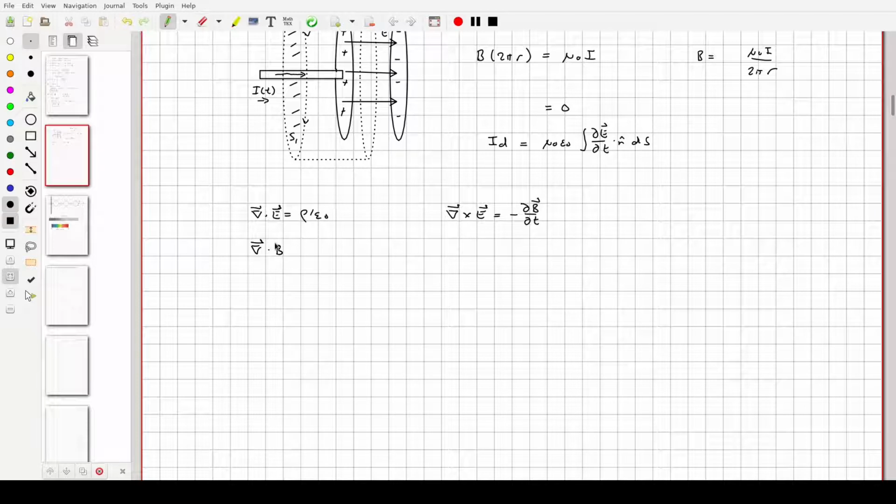Del dot B is equal to 0. And del cross B is equal to mu naught J plus mu naught epsilon naught dE dt.